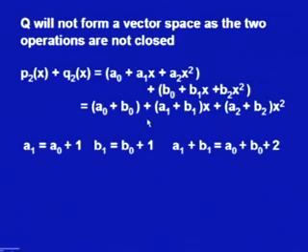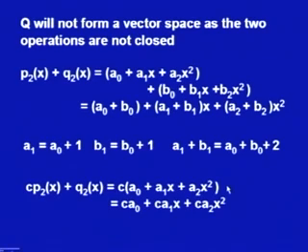But if you apply this here, then this property requires this sum to be in the set Q, which requires that a 1 plus b 1 is equal to a naught plus b naught plus 1 instead of 2. So, this polynomial will not belong to the set Q, or we say this operation is not closed in Q.